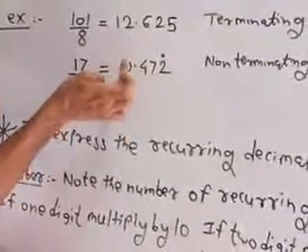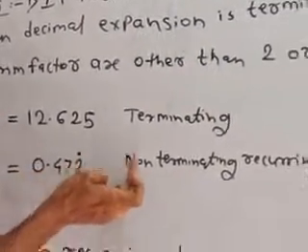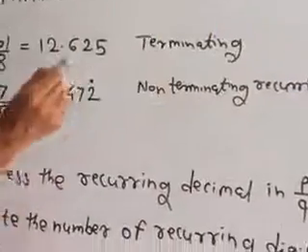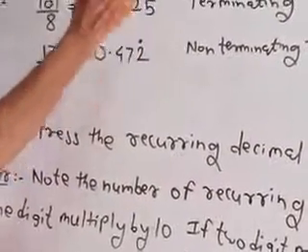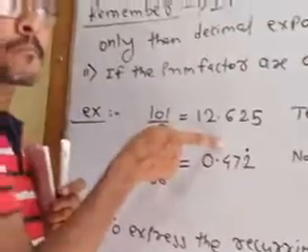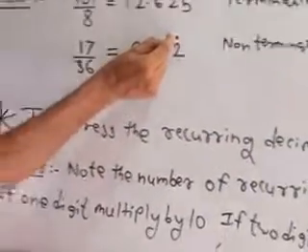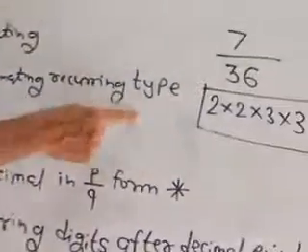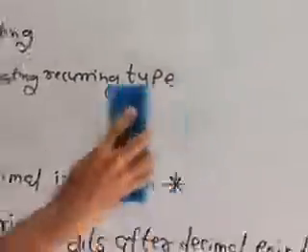Therefore we get the division 0.472222, where the last digit 2 repeats, so we get the sign of recurring there, a dot on 2. When several digits are repeated, we take the symbol of a line, and when a single number is repeated, there will be a dot. So that is the non-terminating recurring type. These are the two types: terminating and non-terminating recurring.